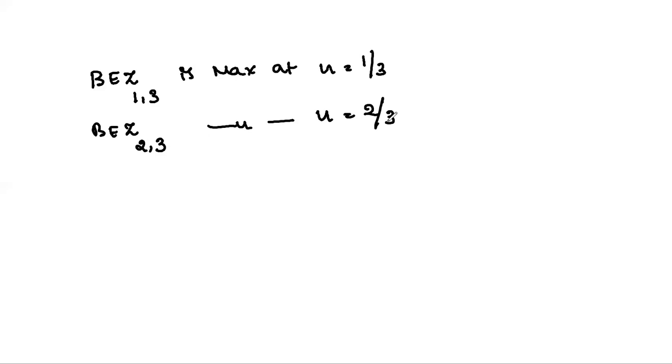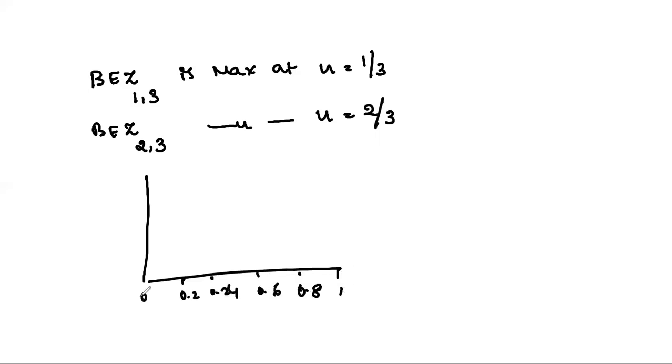Now let us see how we are going to draw the graph for this. Let me take it here. Here I have 0, 0.2, 0.4, 0.6, 0.8 and 1. Now let us say I am going to plot it for Bez of 0, 3.